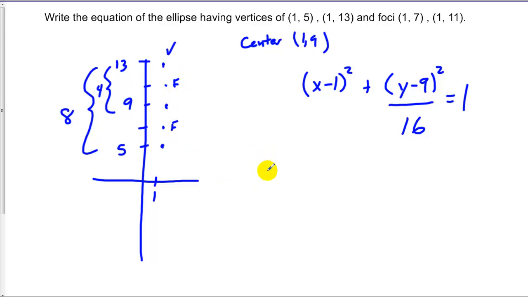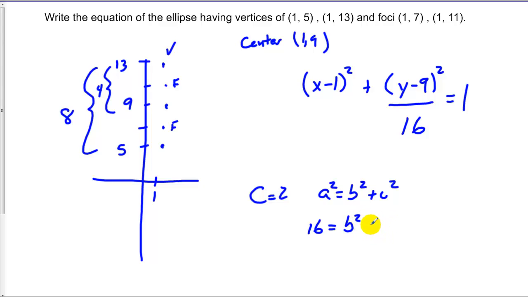which means my c value is equal to 2. Once again, I know that a squared equals b squared plus c squared. Therefore, a squared is 16. I'm looking for my b value.